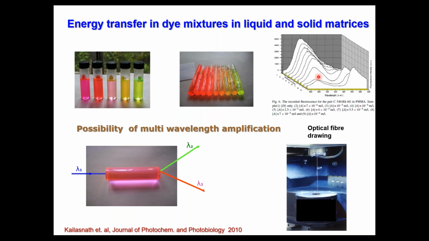You can have many combinations of fluorescent materials, and it is very easy to dope such materials, not only fluorescent organic dyes, but also nanoparticles, quantum dots, and metal nanoparticles. There are so many dopants that can be very easily accommodated into these kinds of structures.